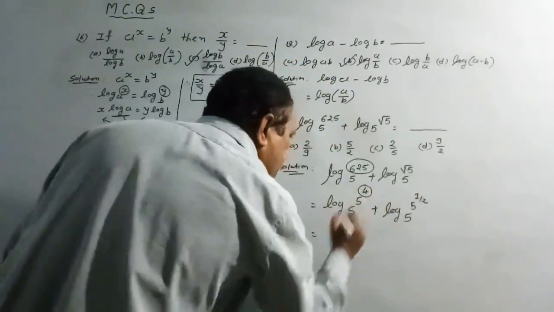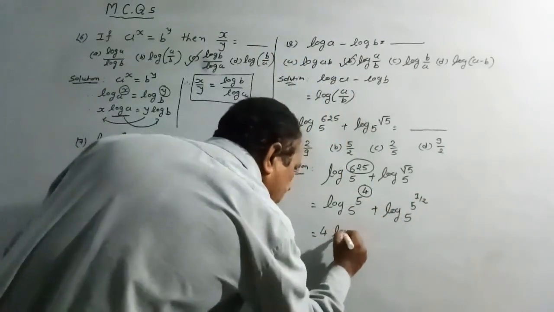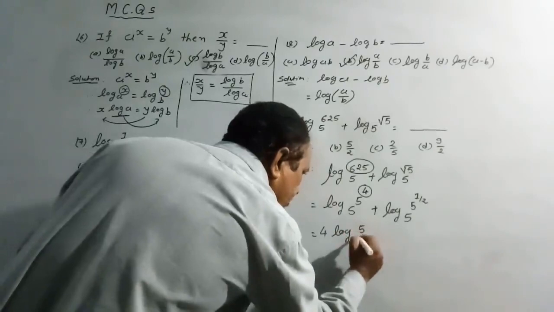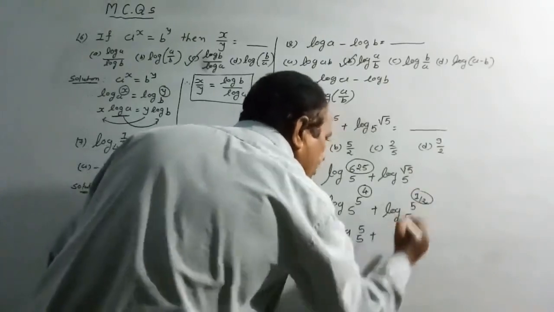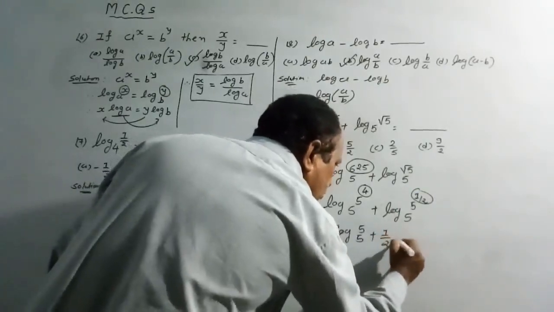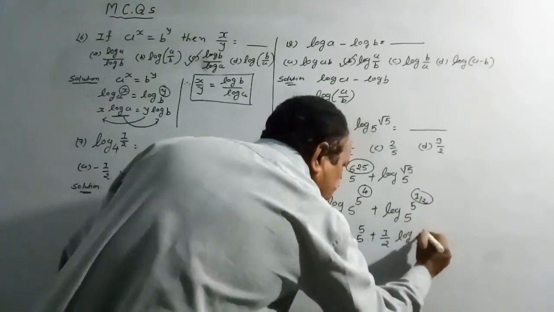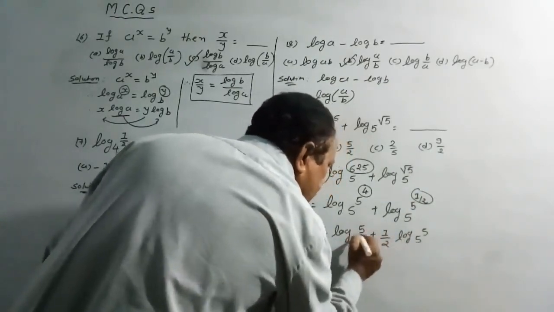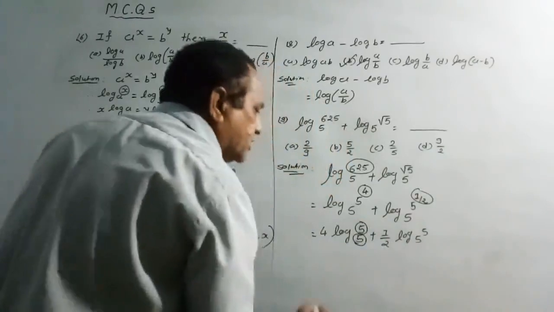Here 4 is in the power, so we multiply it with log 5 base 5. Similarly, 1 by 2 times log 5 base 5. Here base and index are the same, so that is 1.